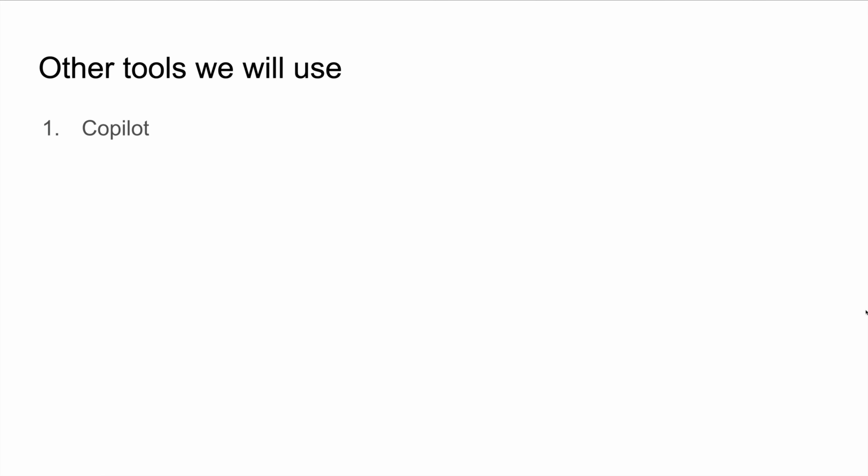We will try Copilot as a third-party plugin. Unfortunately, there is no official plugin for Xcode, so we will use one of the unofficial Copilot plugins. I will show you how you can install it and use it. And I think we will use it in all our projects. And the second tool, of course, is ChatGPT.